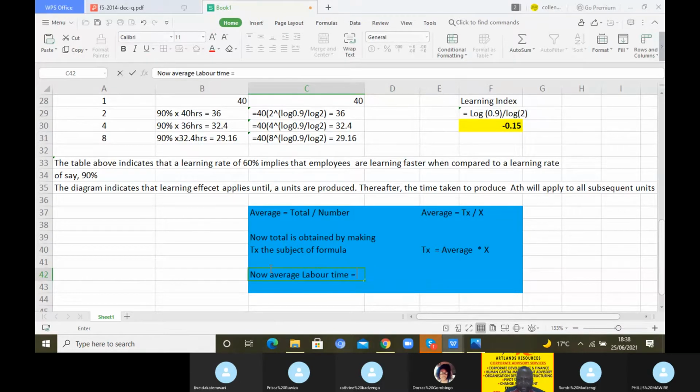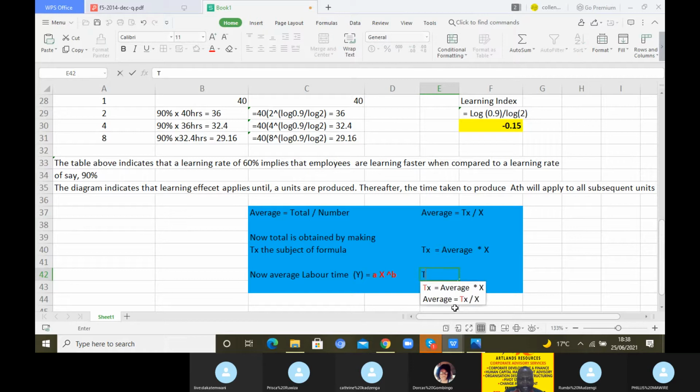Remember, average labor time, that's y, equals a x to the power b. That's average. So instead of saying average, let us substitute average by saying ax to the power b.